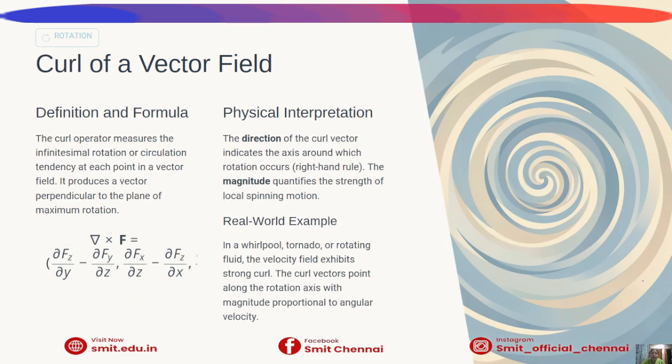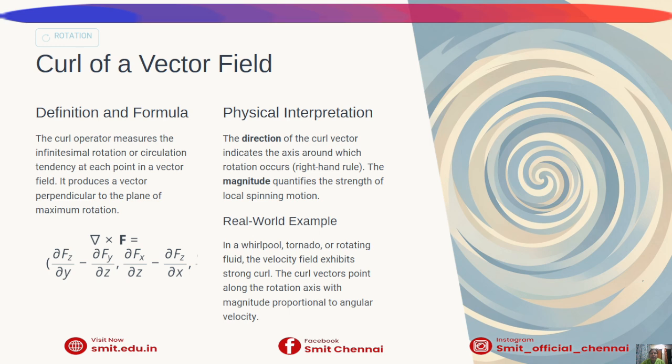Next we see about the curl of the vector field. The curl operator measures infinitesimal rotation at each point, producing a vector perpendicular to the rotation plane. Its direction follows the right hand rule for the rotation axis and magnitude shows spinning strength.